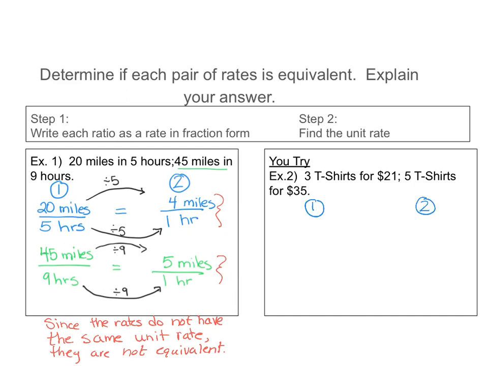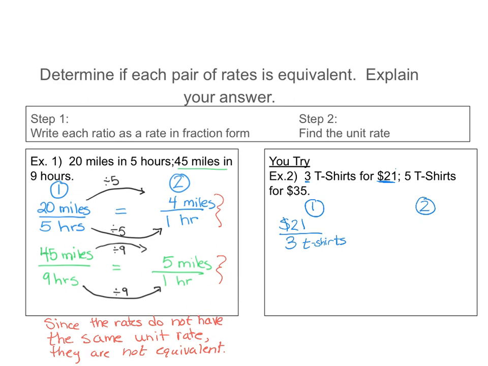So I like to put price first on top per t-shirt, price per dollar. Usually you always put the money amount on the top. So I'm going to do $21 for 3 t-shirts. So that's step 1 for the first one.